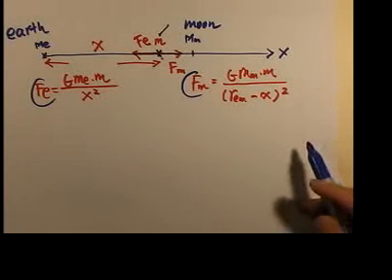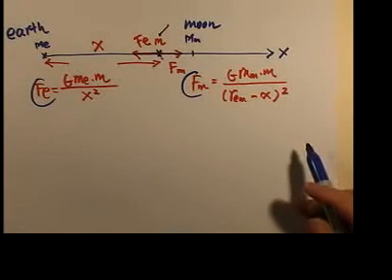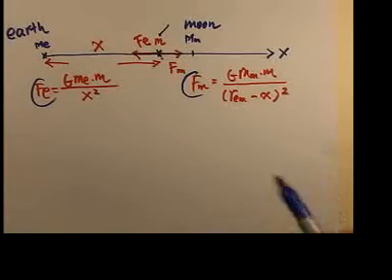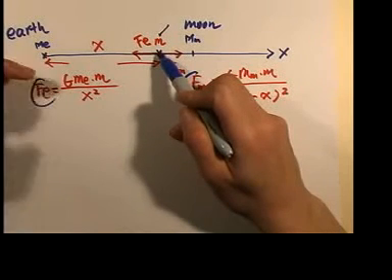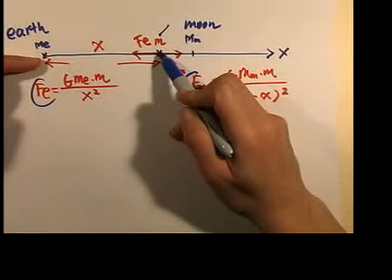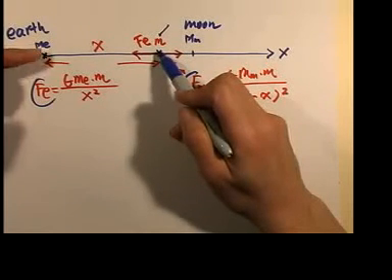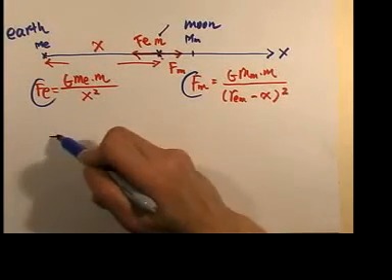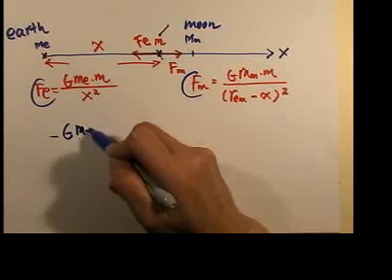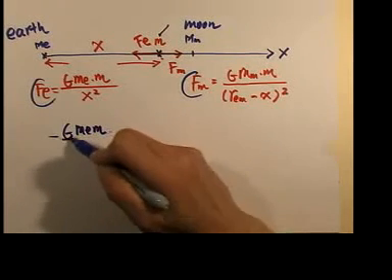We need to approach this problem by the energy method. Let's ask this question. What is the total mechanical energy of this space probe at the initial position? It is under the influence of Earth's gravity, so there is gravitational potential energy between the space probe and Earth. It is also under the influence of the moon. So we have negative G, mass of the Earth, mass of space probe, over x.